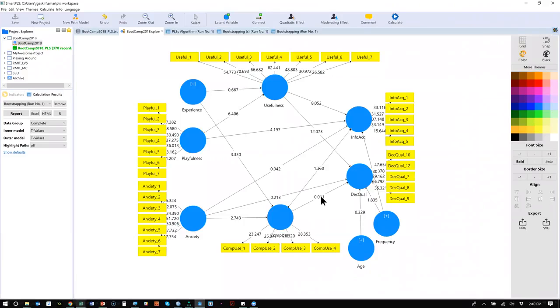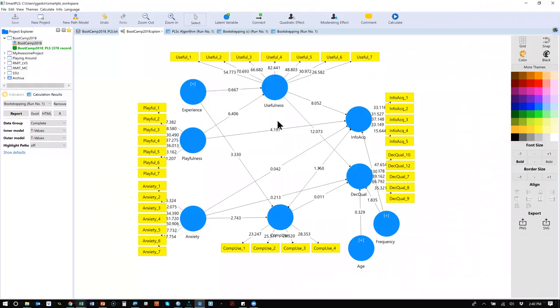This one here has no effect at all. Experience does seem to have an effect on comp use, but it doesn't have an effect on usefulness. Interesting. For 90% confidence, it's 1.65. For 99%, it's 2.58.